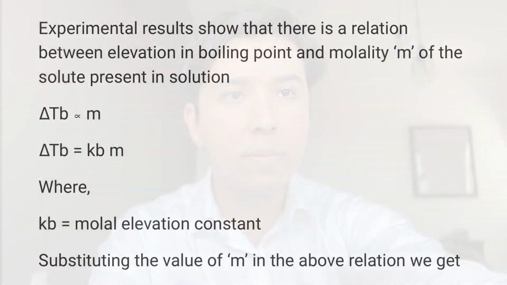The difference between the boiling point of the solution and the boiling point of the pure solvent is termed the elevation in boiling point. If T0B is the boiling point of the pure solvent and TB is the boiling point of the solution, then the elevation in boiling point is given as ΔTB = TB - T0B.